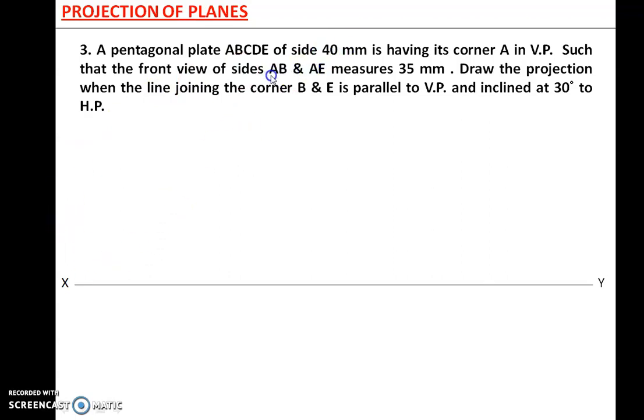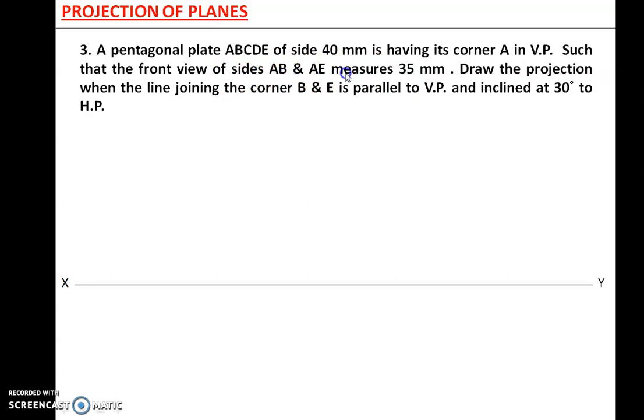Now coming to this, here you can see AB and AE measure 35 mm, which was 40 and now measures 35. So it is getting reduced. These are nothing but the reduced dimensions of AB and AE.